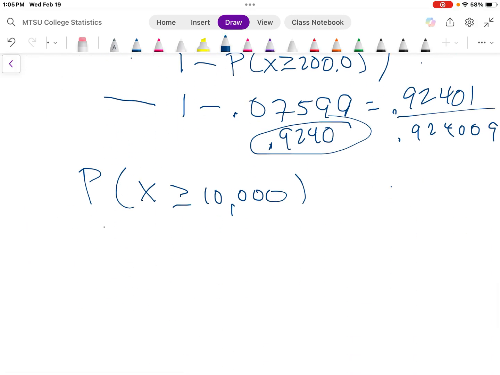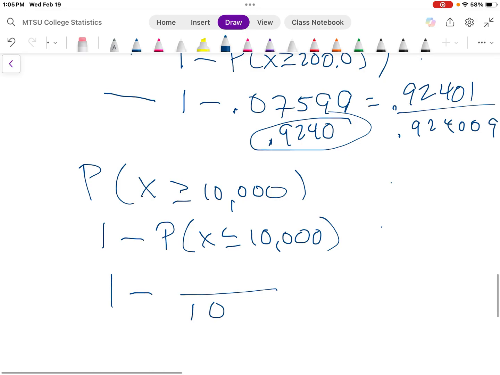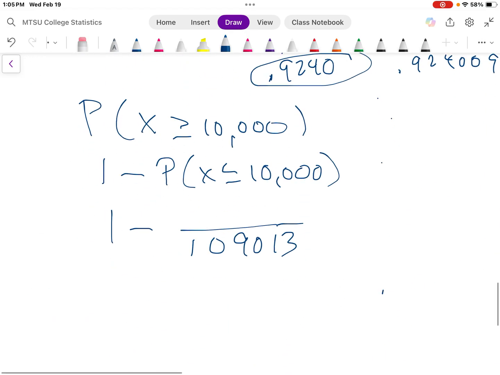So I'm going to do 1 minus the probability that X is less than or equal to 10,000. That represents that first cell. So that would be 1 minus, and then 109,013 is our denominator. Go back and get our numerator, 7804. So I'm going to divide that out real quickly.